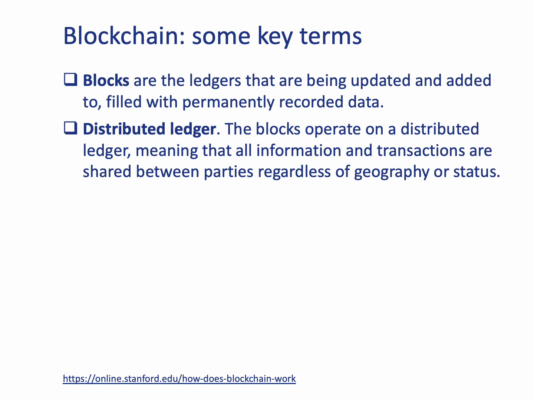So blocks are ledgers of recorded data, if you like. Transactions are added to this database and synced with every node of a blockchain. Now, these blocks operate on a distributed ledger, meaning that all information and all transactions are shared between parties, regardless of their geography or status.